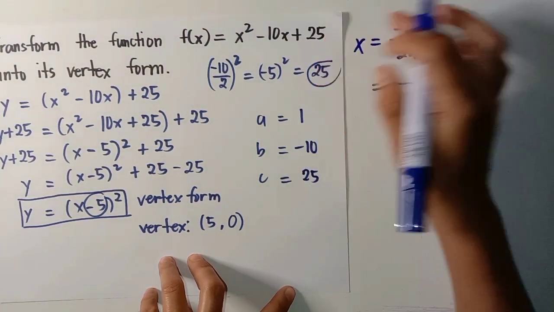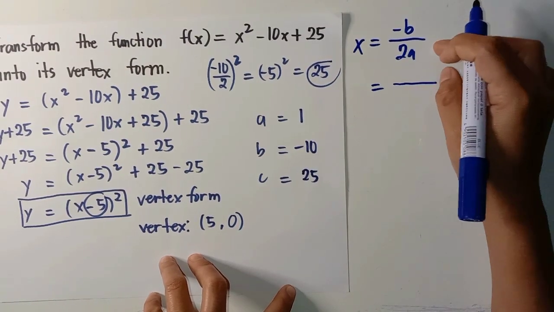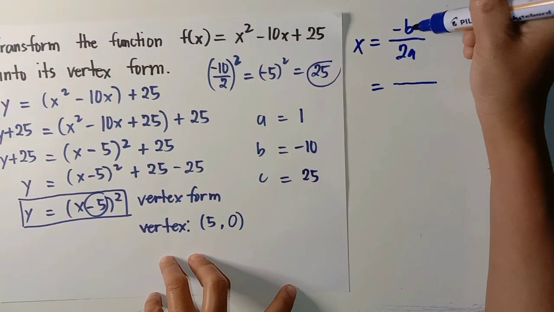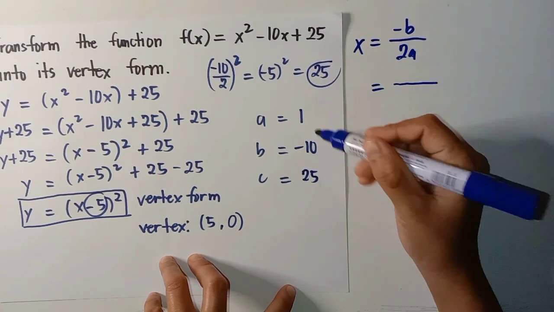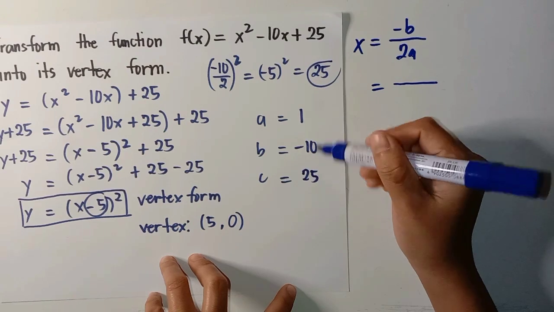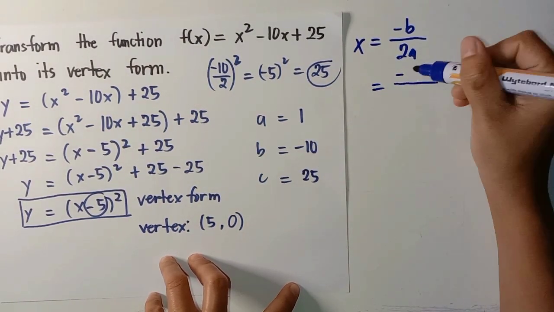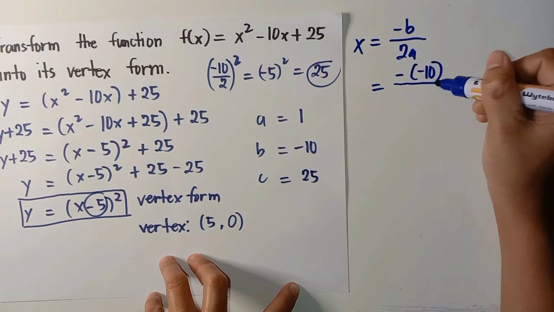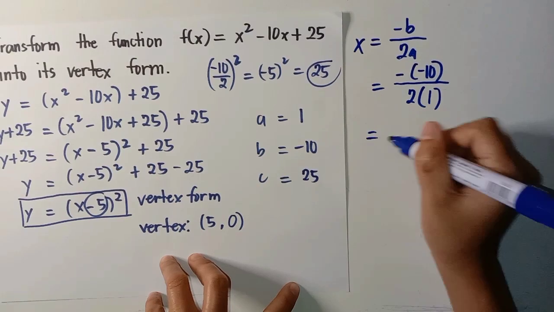So if you will be using this formula, you replace A and B with numbers based on the values you got. So copy negative, and then our B is negative 10. And then 2 times, our A is 1.